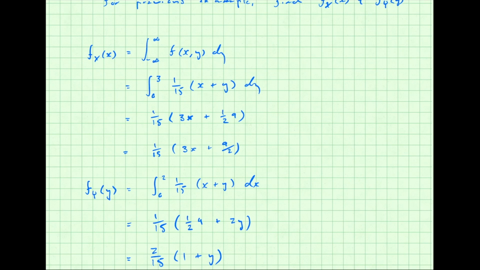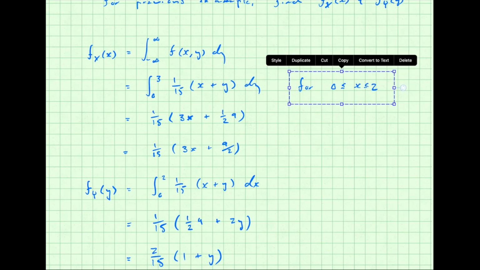It's only for x in between 0 and 2. And then we have to duplicate that all the way down the line.